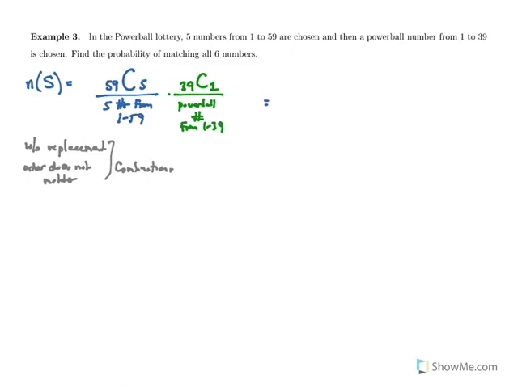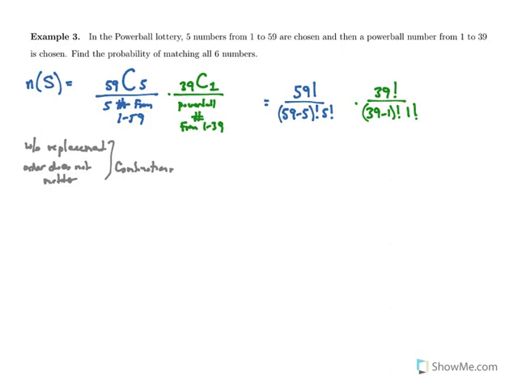So here this is going to be 59 factorial over 59 minus 5 factorial times 5 factorial, times 39 factorial over 39 minus 1 factorial times 1 factorial.